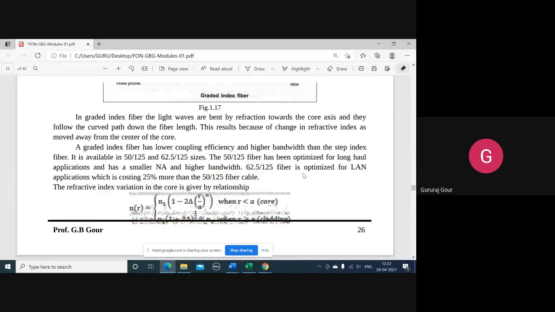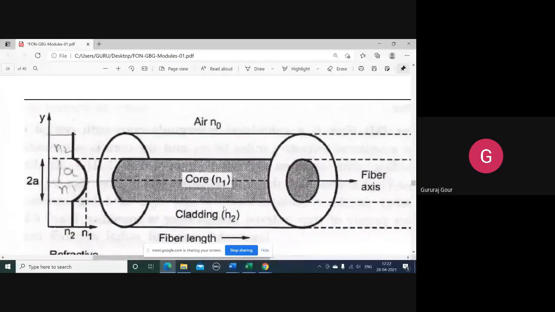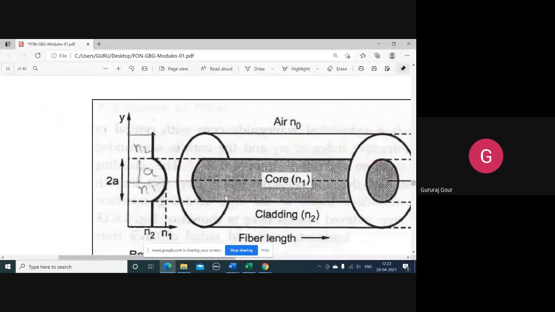One thing you can say: because of a gradual increase in refractive index from the wall of the core to the center, the optical ray may not achieve TIR. Because we know that whenever the medium changes, or material characteristic or indices change, try to listen to the key things here.